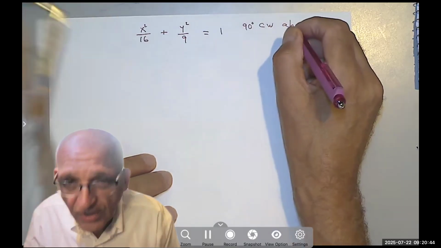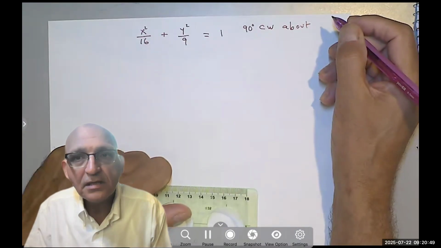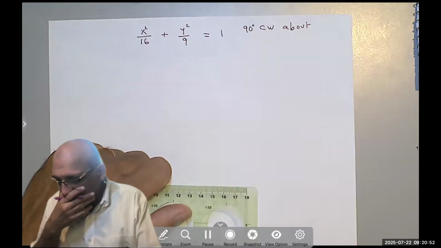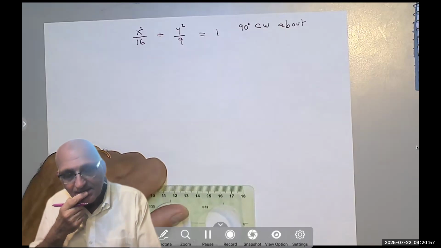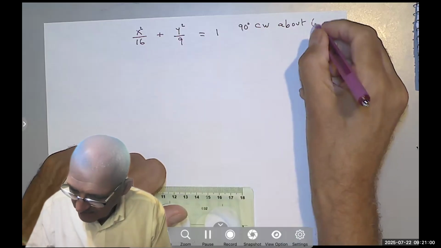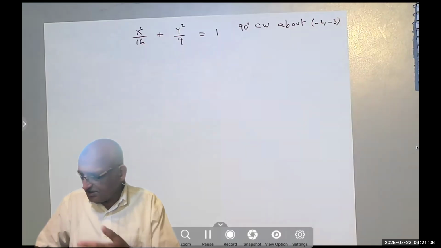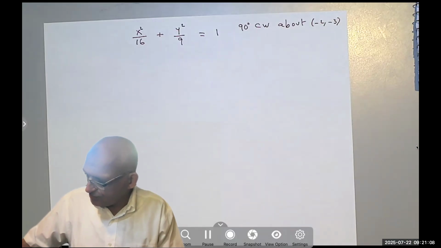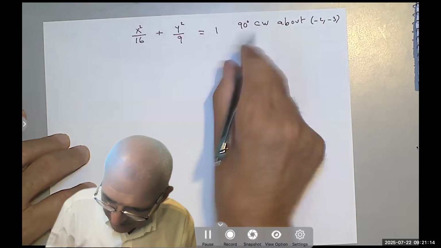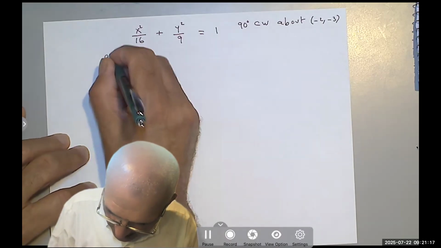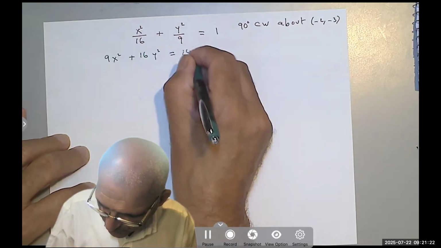And again, we could have done it about the origin, but let's pick another point. So instead of the origin, let's pick -2, -3, whatever. Just for simplicity, I'm going to rewrite this equation. If I multiply everything by 144, this would be 9x squared plus 16y squared equals 144.